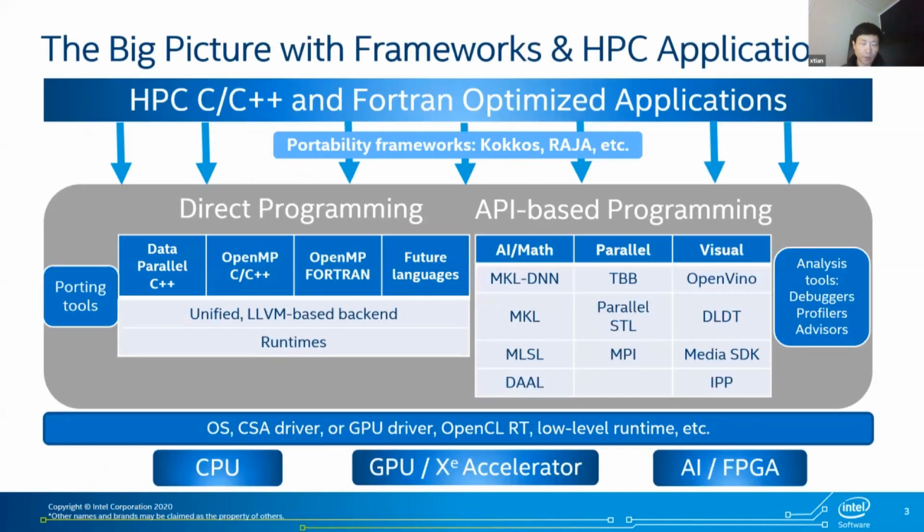If you look at the big picture of all the HPC applications, AI applications, and frameworks people have been building in the past 5 or 10 years, especially as the AI field has been booming, people have HPC applications written in C++ and Fortran, and all the HPC customers have well optimized those applications over the years.